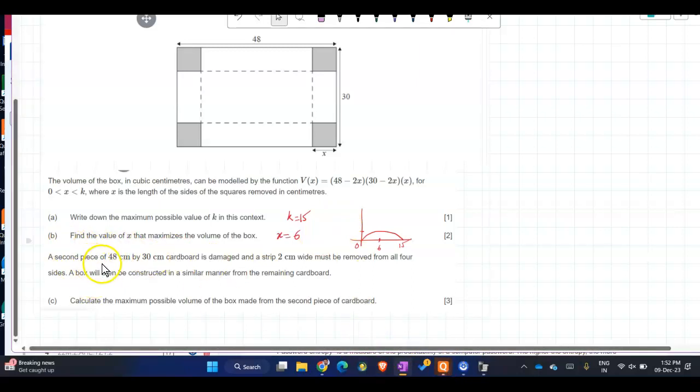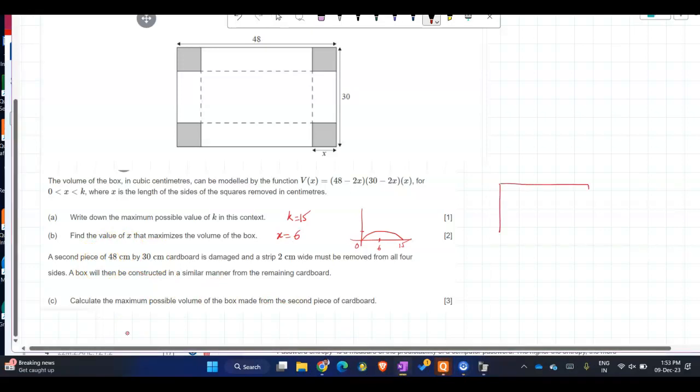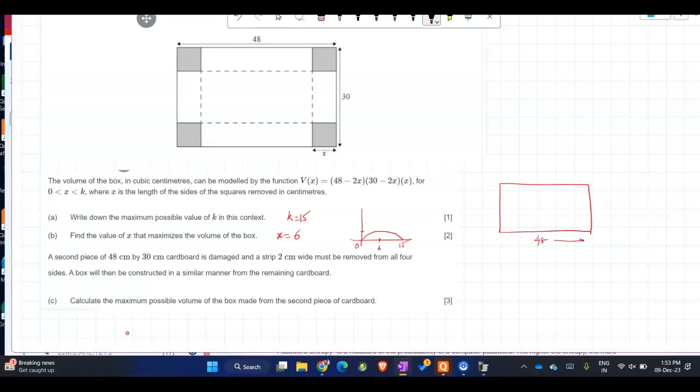Okay. Now try the next part. 2 centimeters is removed. You have your cardboard originally, this is 48 and this is 30. Now you're removing 2 centimeters from each side because it's damaged. So 2, 2, 2, 2 is getting removed from each side.